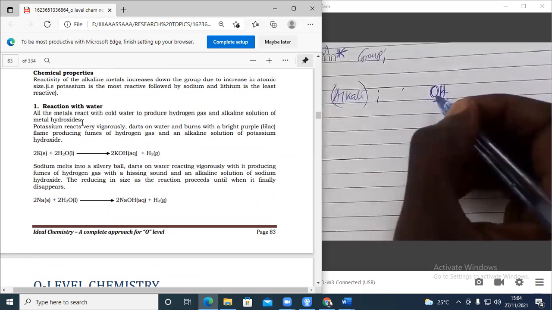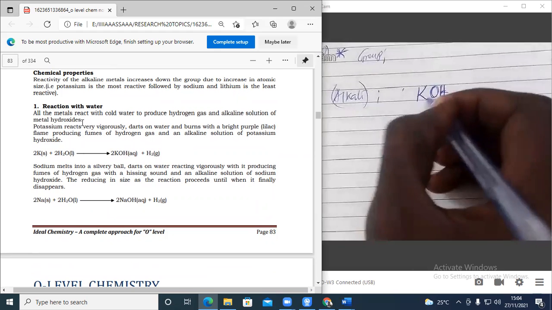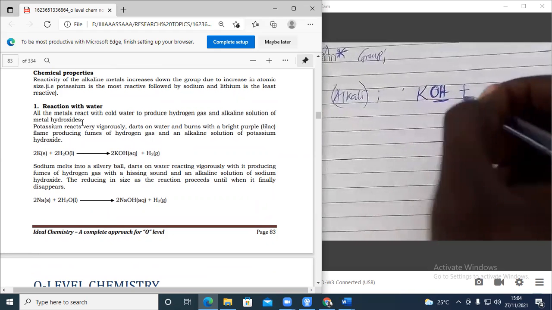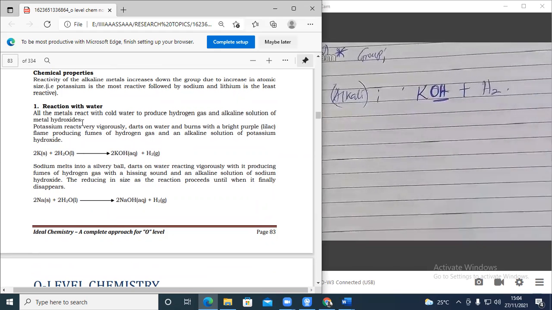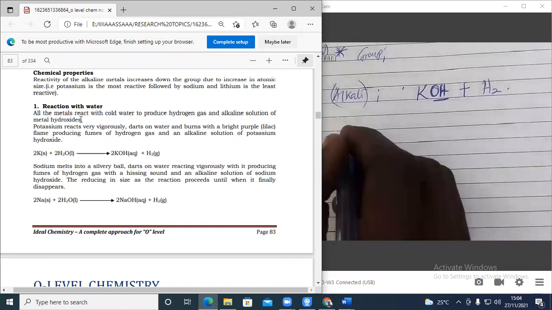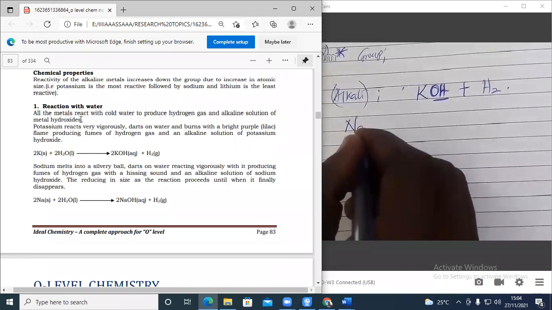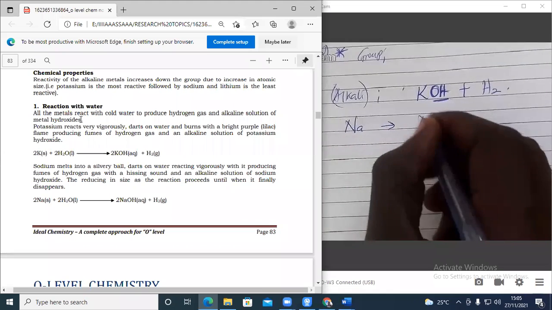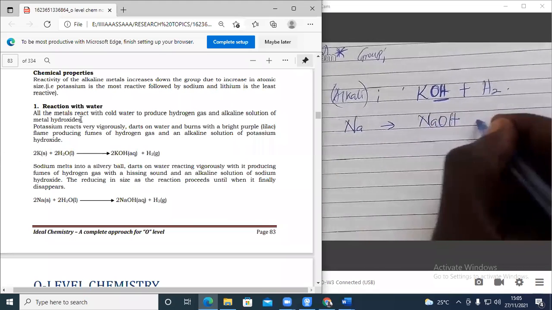So if it is potassium, they form potassium hydroxide plus hydrogen gas at the end of the day. That's what they are saying, that these metals react with cold water to produce hydrogen gas and the alkaline solution of a metal hydroxide. If the metal was sodium, at the end of the day, we must see sodium hydroxide plus hydrogen gas.